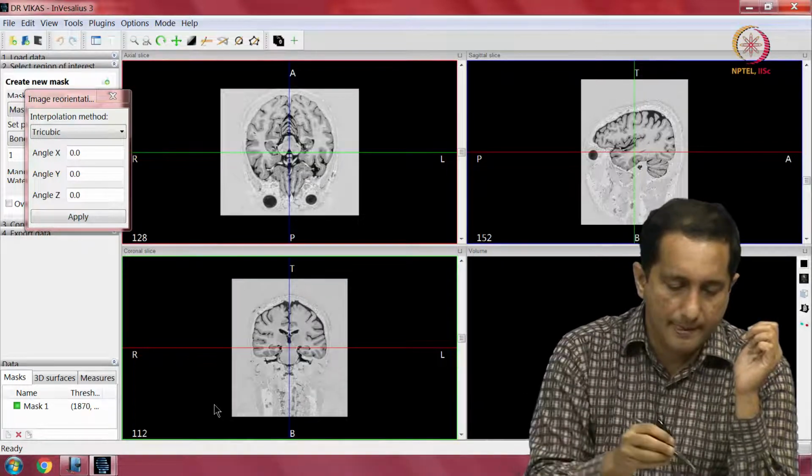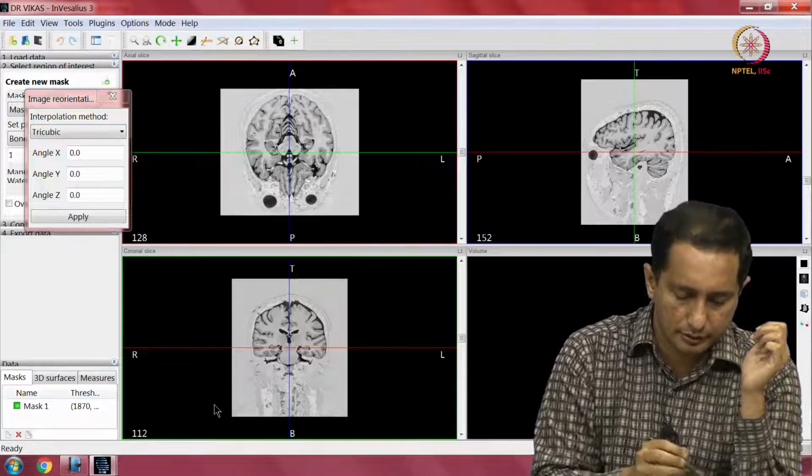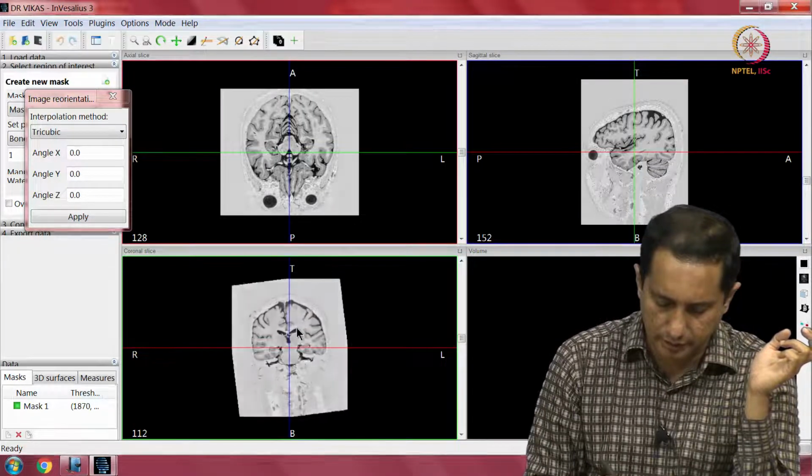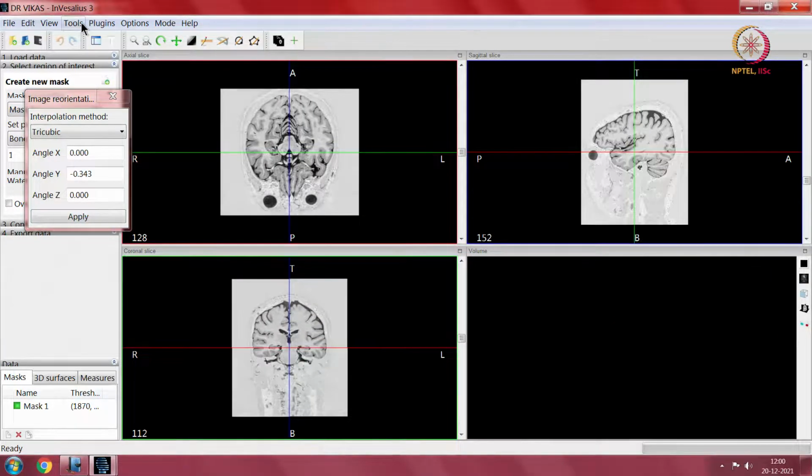So this is a coronal image. I can draw. Okay, so this is what I mean by a sagittal image. The eye is in front, this is the back of the head, upper part superior, lower part inferior.